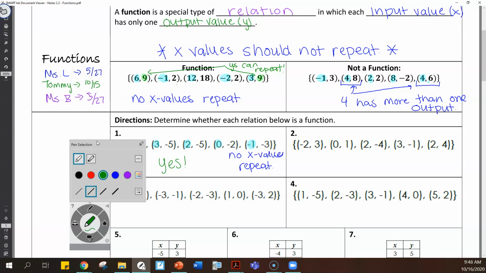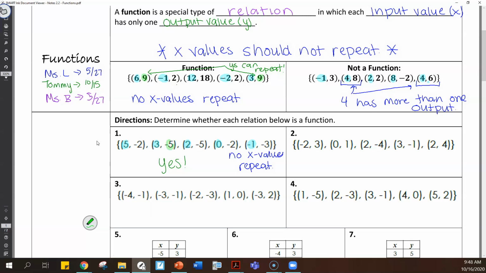Okay. It is not a problem that my y values repeat. Negative 5 can appear as many times as I want it to in the y position of my ordered pair, as long as my x's don't repeat.